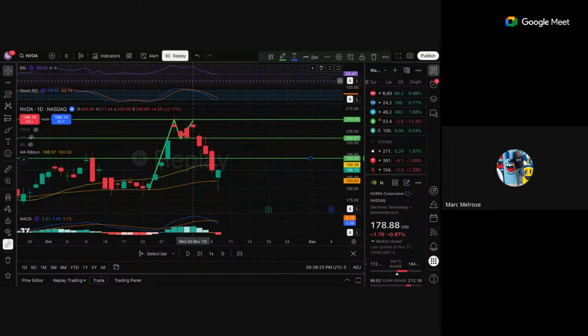Yeah, and that's where the other indicators come into play, because if you have a high RSI level or stochastic RSI for that point, and it's pulling down from 100, this stochastic is trying to get back to zero. So that alone just lets me know that this probably doesn't have enough room for it to turn around and go up. It doesn't have enough momentum for it to go up.